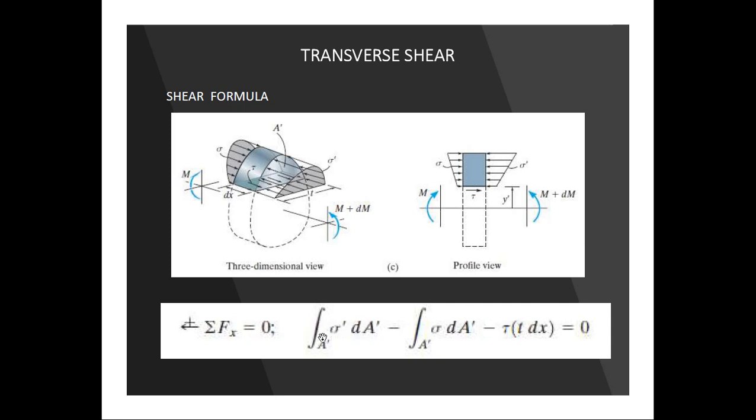Now we will substitute sigma dash and sigma in terms of the bending stress formula. From the flexure formula, M upon I is equal to sigma upon y, we will put in these values.